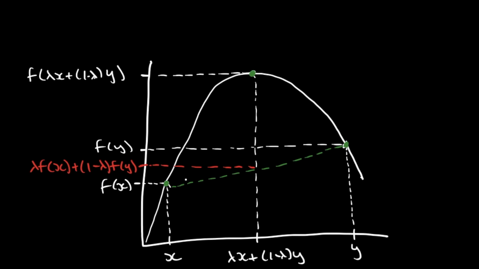So as I just said, as we change lambda, we'll move up or down this line, and this line always has to be in between our 2 points, because this is what we're taking the linear combination of, f of y, f of x. As we can see, it's a straight line, hence why it's called a linear combination in the first place, because it's linear.